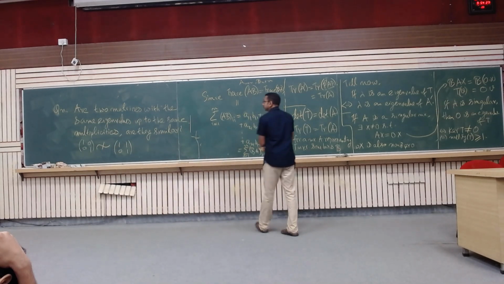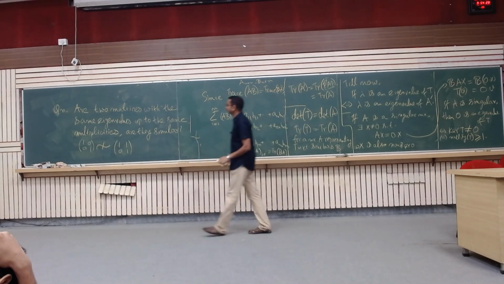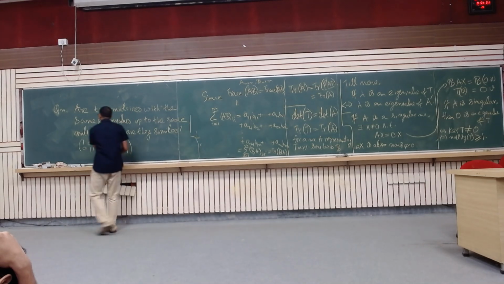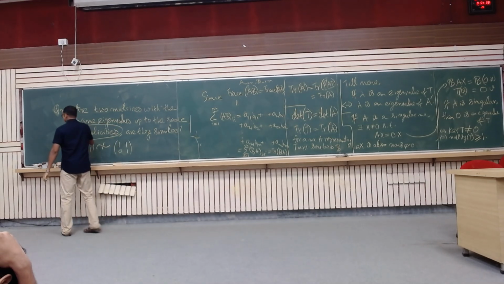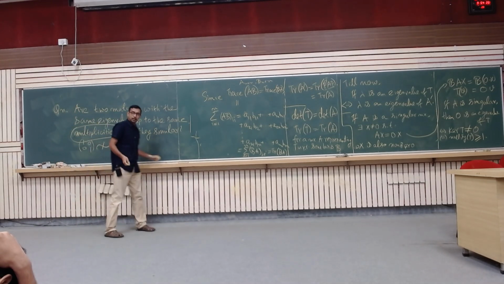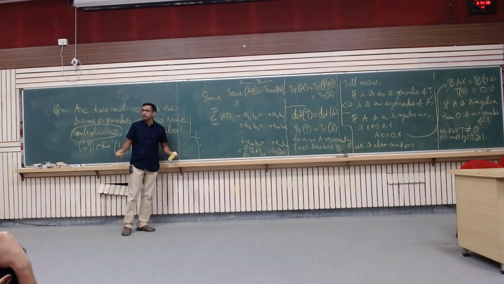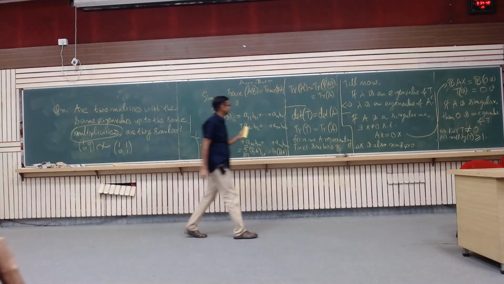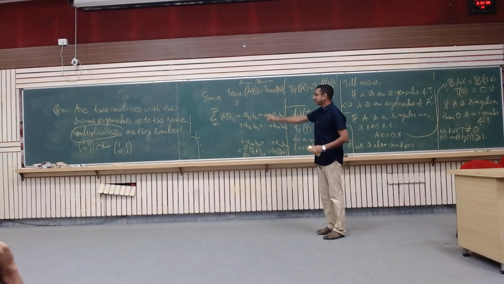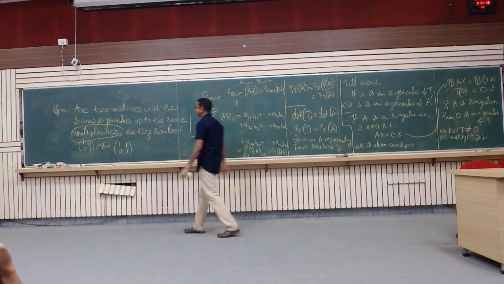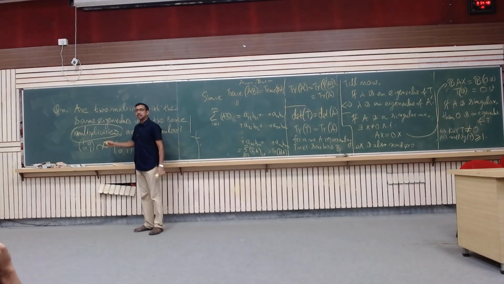Now we come back to the question of Snehamoi, and also somebody else asked this about multiplicities. Till now, by multiplicities, we were meaning algebraic multiplicities. That is, the number of times it is repeated as a root of the characteristic polynomial.